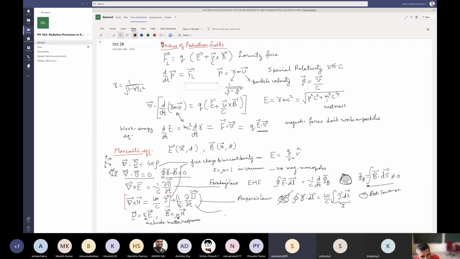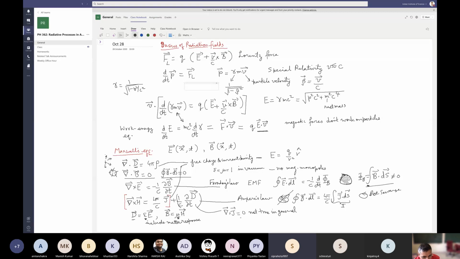If we take the divergence on both sides of Ampere's law, then the divergence of the curl of the magnetic field becomes 0, so the divergence of J vector equals 0. From the equation of continuity, we know that dou rho by dou t plus divergence of J equals 0. That is why dou rho by dou t equals 0, which means rho becomes constant.